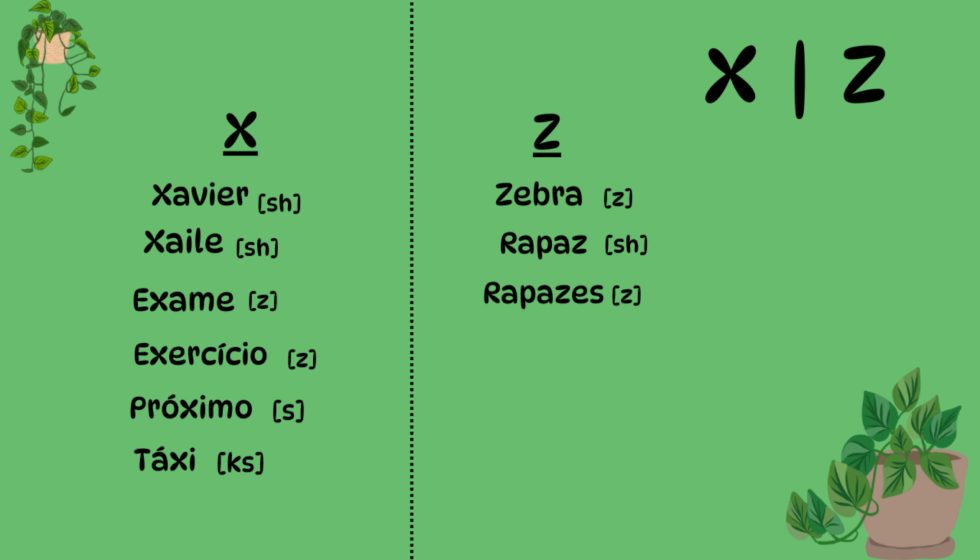Now, when the letter Z is at the end of a phrase, it has a sh sound, like rapaz.